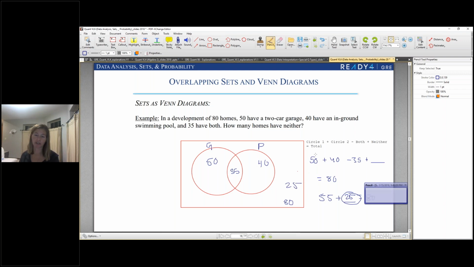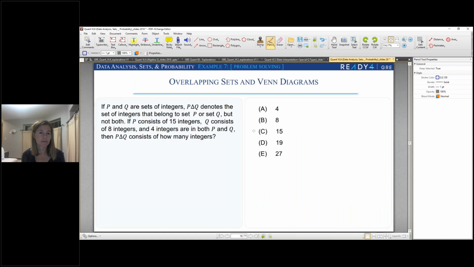When you see these ones about orchestra and band and French and Spanish and this kind of stuff, this is it. And the key here is don't double dip. These can get really hard, but they aren't always really hard. Just not counting twice, not counting the middle houses twice, will get you a long way. Okay, so that's a Venn problem.